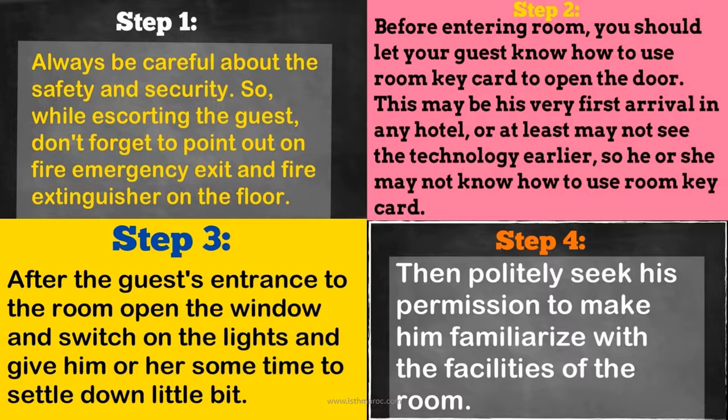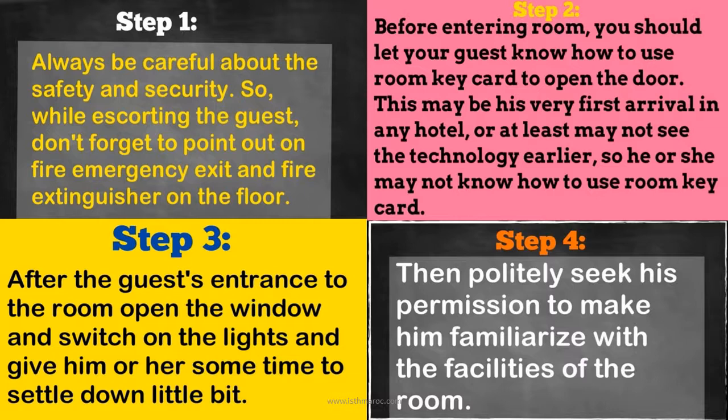Step number four: then politely seek his permission to familiarize him with the facilities of the room. Okay, after your guest settles down, then try to ask him, using expressions of politeness, for example: Can I help you, sir? May I show you the facilities?